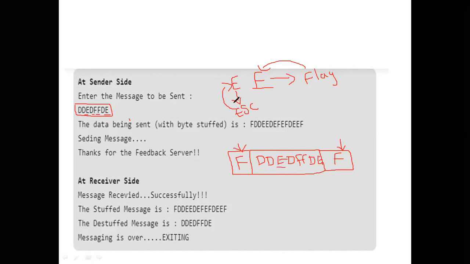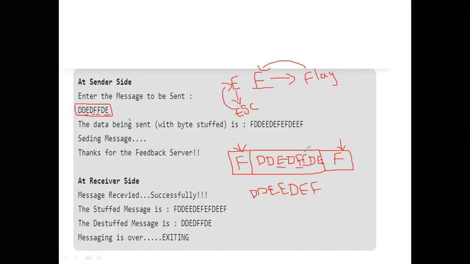Before E, we have to insert one more E, so D, D, E, E. Then D we write normally, and F is nothing but the flag. So before the flag, we insert an escape, E F, and then here also the flag is there.